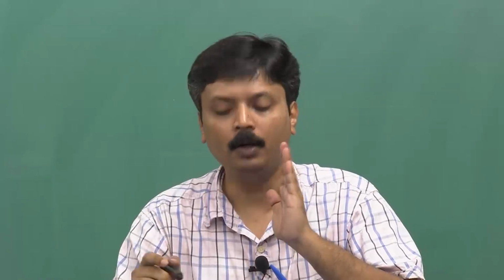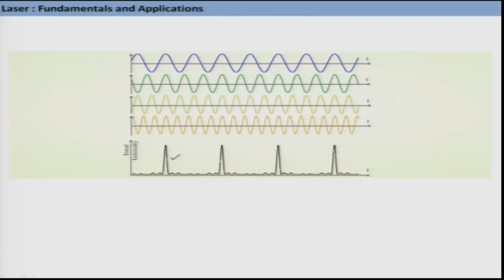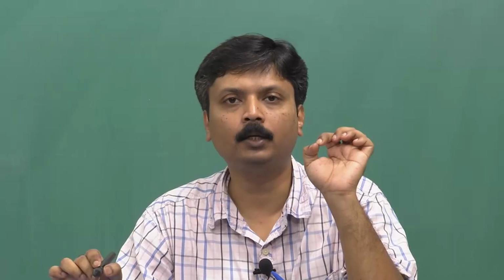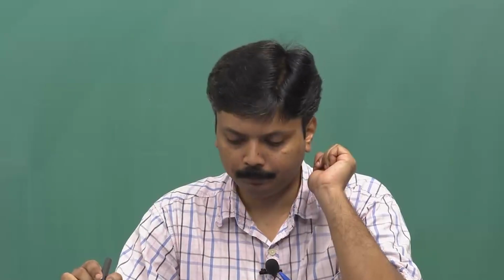So, you will have only one peak coming out of all these modes, and if you can generate a cavity such that it houses only one such peak, then that particular pulse will move back and forth between the two end mirrors and it will give an output through the end coupler.